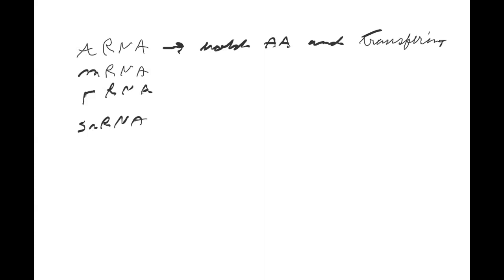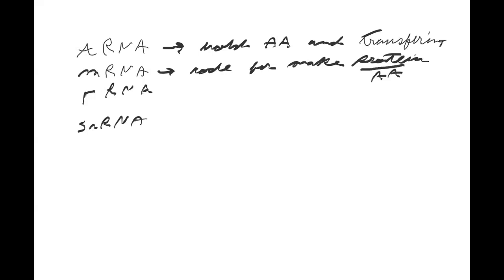The messenger RNA is the code. This is the code for making the protein or the peptide. And proteins are made from the amino acids.